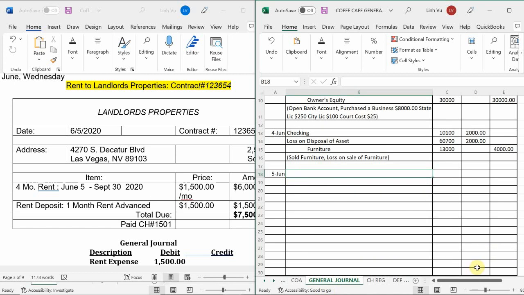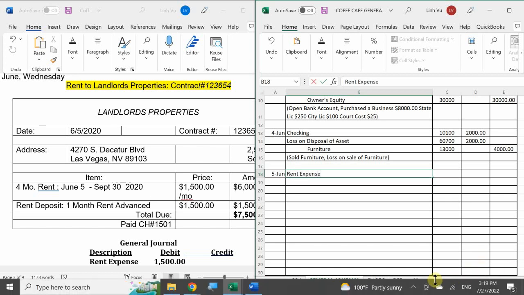In this case, we purchased an expense. Did we increase our expense or decrease our expense? Increase. So our first thing we got to do is recognize that we have rent expense. Rent expense, 62,000 was the account.